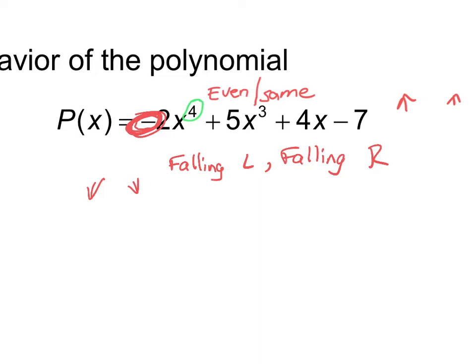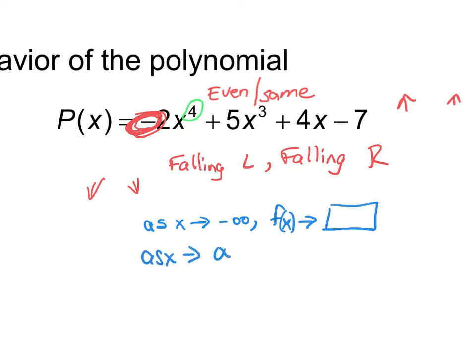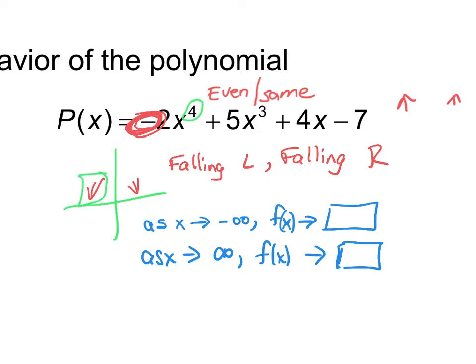So as end behaviors go, you're going to have to write end behavior notation. Every single time you write the same thing: as x approaches negative infinity, f of x approaches something, and as x approaches positive infinity, f of x approaches something. On the left-hand side of the graph, the arrow is going down.